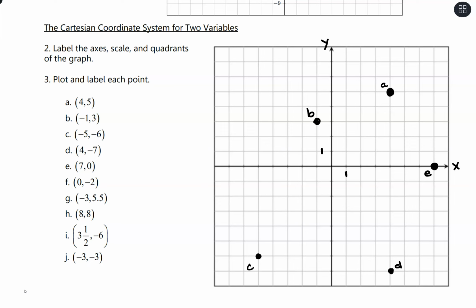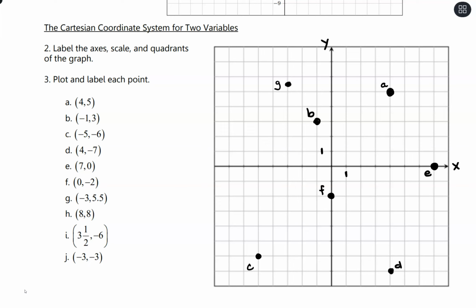(0, -2), so we don't go left or right at all, we just go down 2 spots, and that'll be our point F. For G, we're at negative 3 and then 5.5, so I'm going to go up 1, 2, 3, 4, 5, and then just a half.